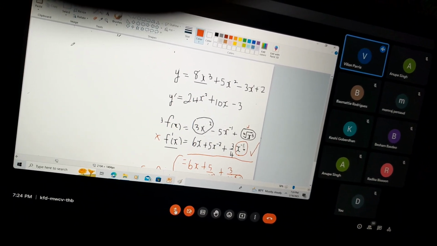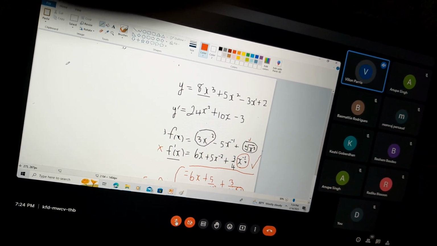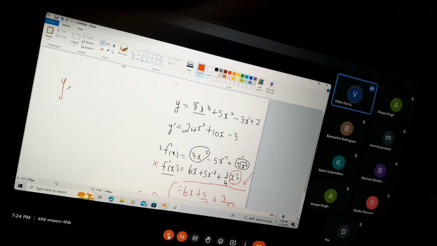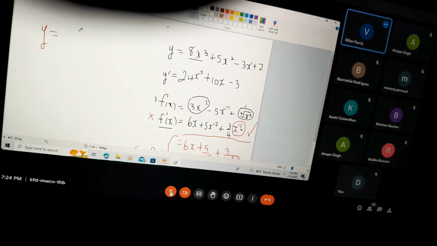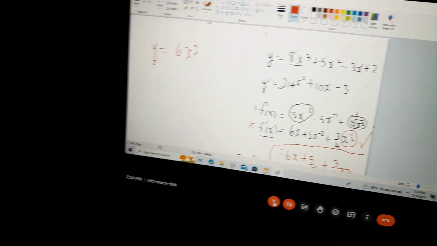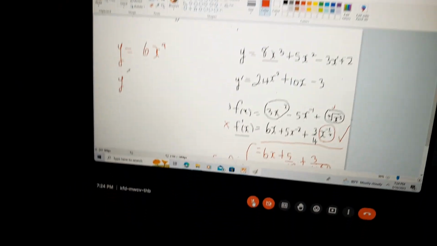So if you have any function, let's say you start with y is equal to 6x to the 9th power. What is the derivative of this?